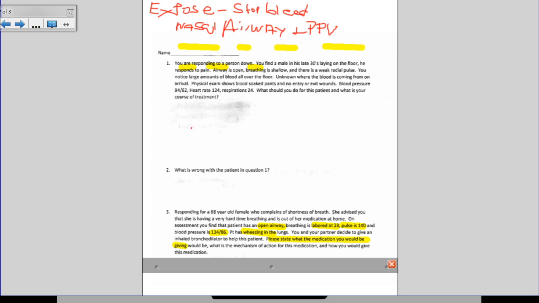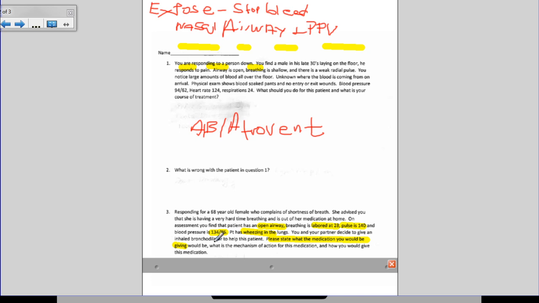So we're going to give albuterol as our bronchial dilator, and we're also going to give the Atrovent with it. They're brothers and sisters, and they never travel by themselves. So that's the first thing it wanted, and we gave it to it.